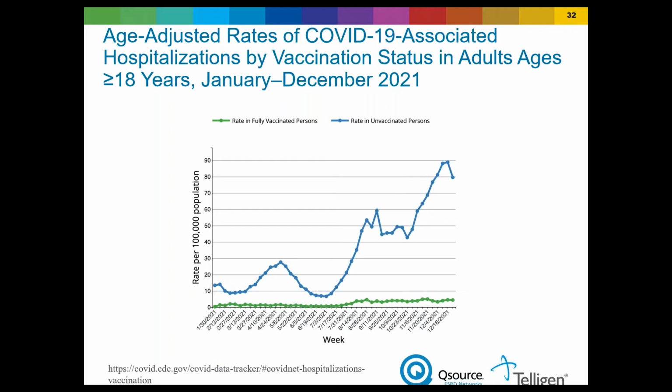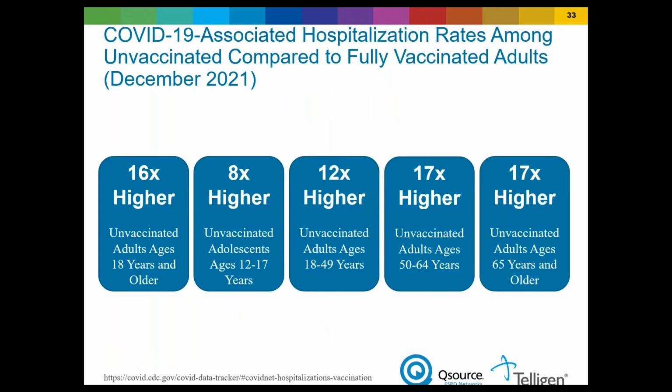And as you can see, the two peaks, initially with the Delta variant, followed by Omicron variant, and thankfully the rates are starting to come down across the nation. Next slide.